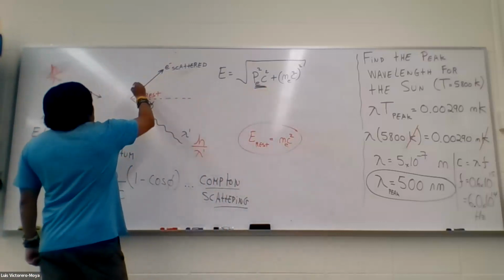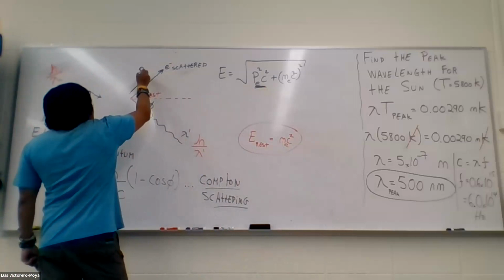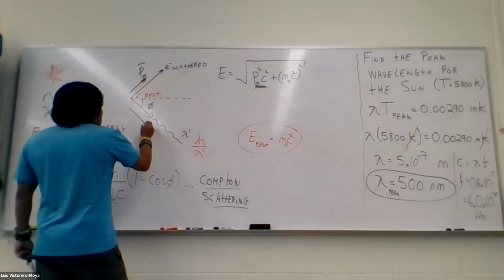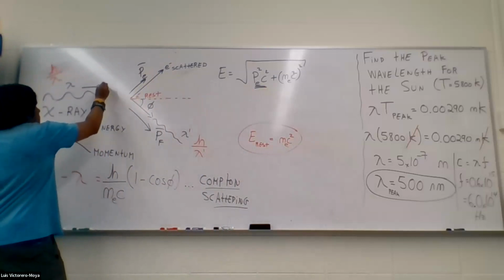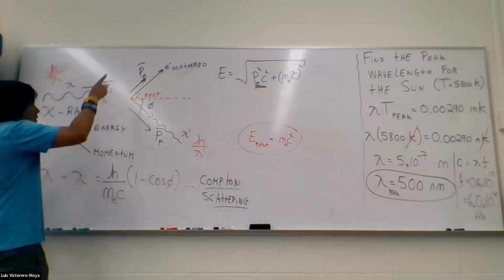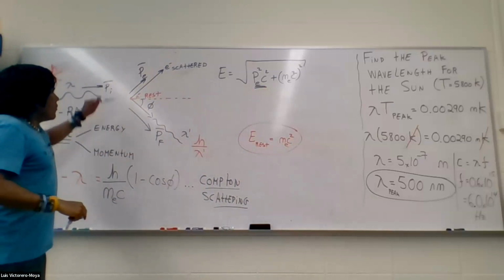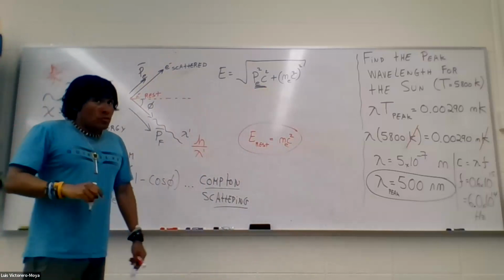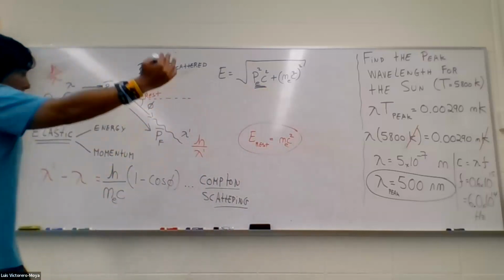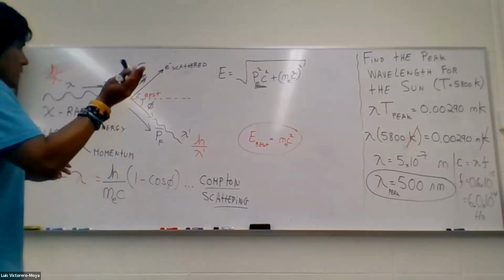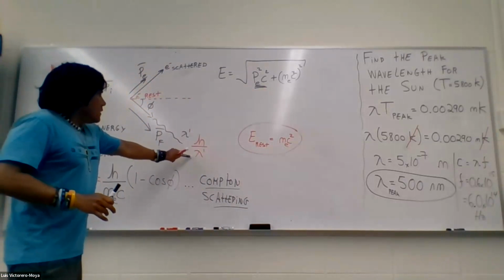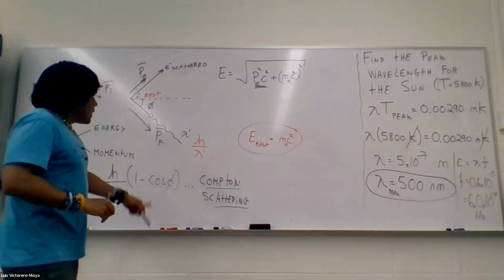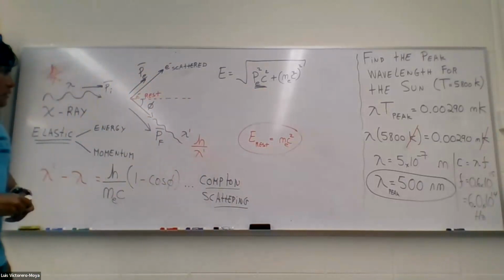The momenta are vectors: momentum of the electron, momentum of the photon, P final, P initial, so you can use vectors for the momentum conservation. And then you get a very long equation, but then terms will start to cancel. And you have this for momenta, and you end up with an equation like this.